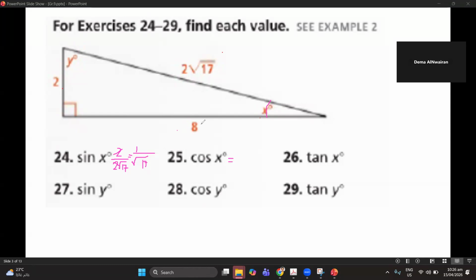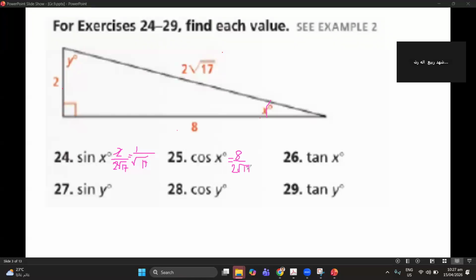For x, it's adjacent over hypotenuse, without writing because there's no time. So, Batul, can you tell me which one is the adjacent for x? The adjacent for x is 8. 8 over 2 square root of 17.